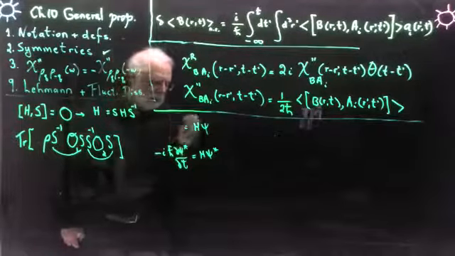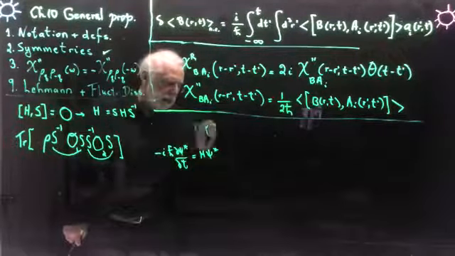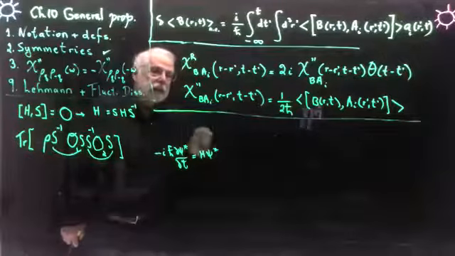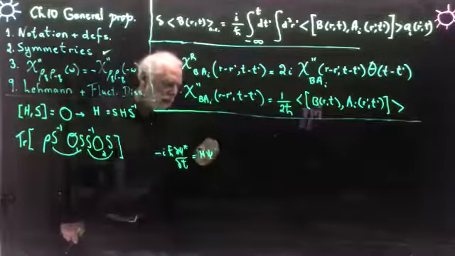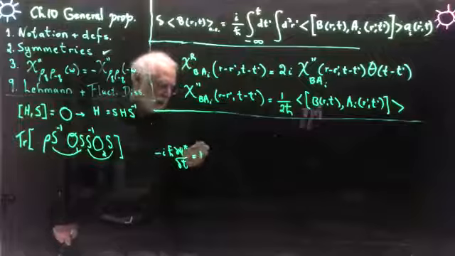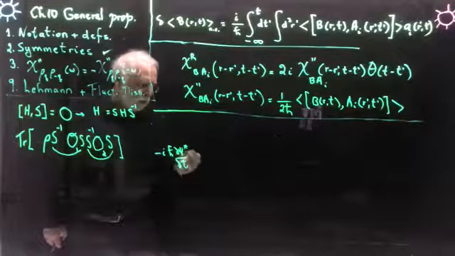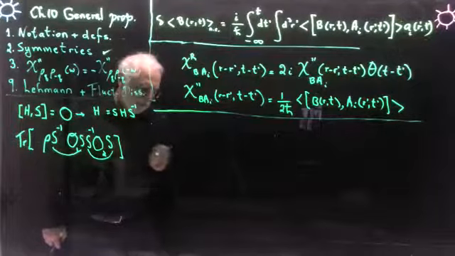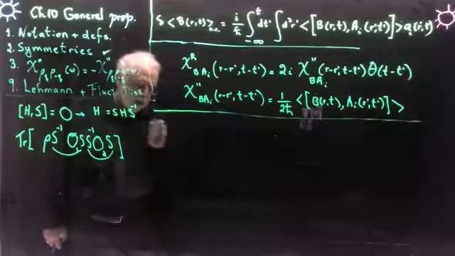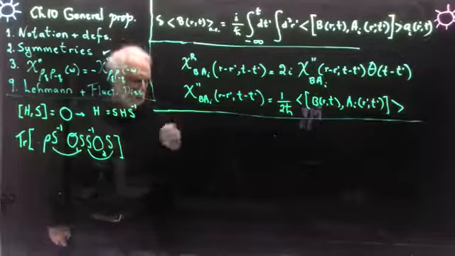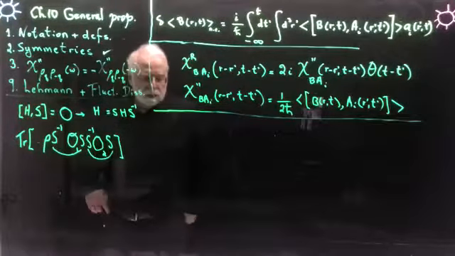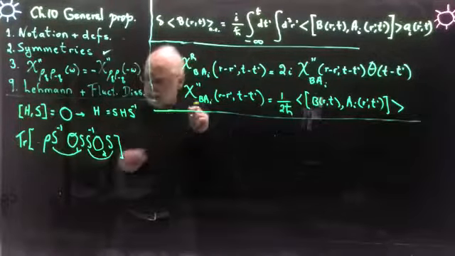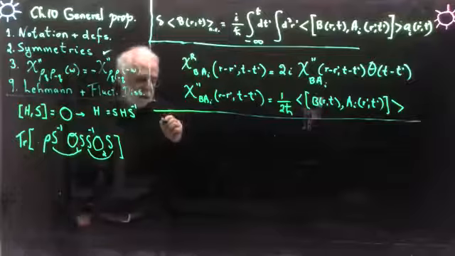Time reversal symmetry is the only case that I know where the Dirac notation can lead you into problems if you don't take care of it properly.